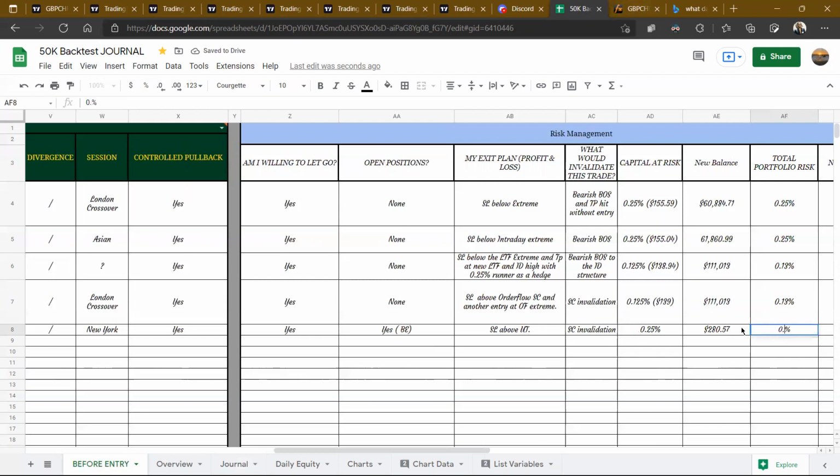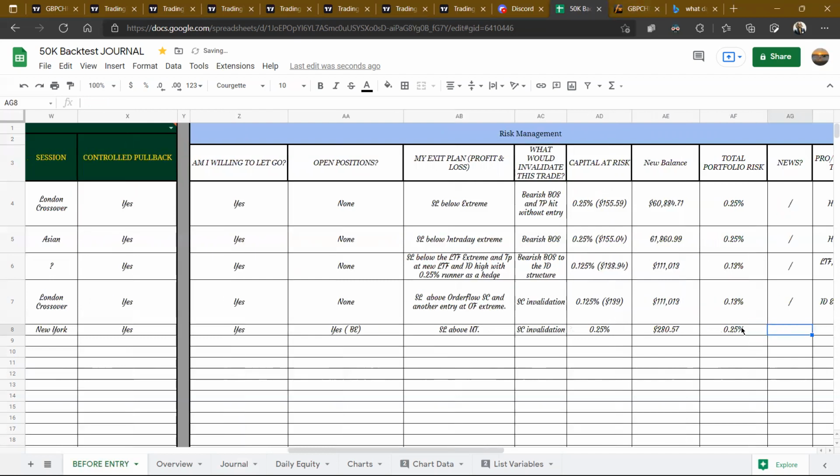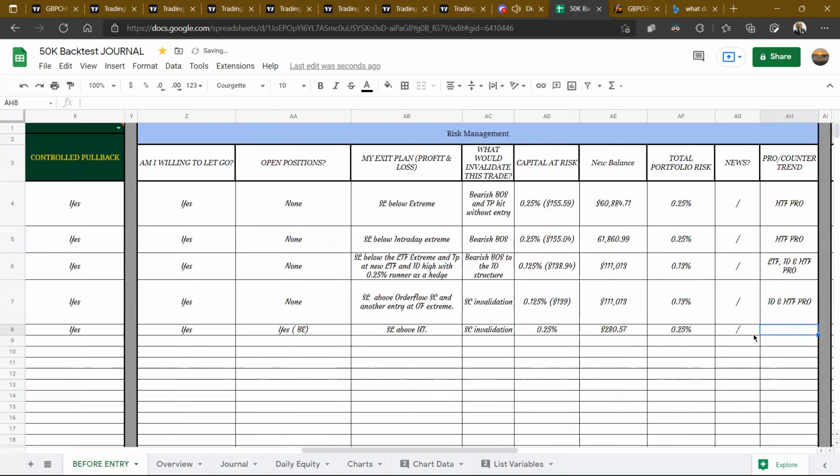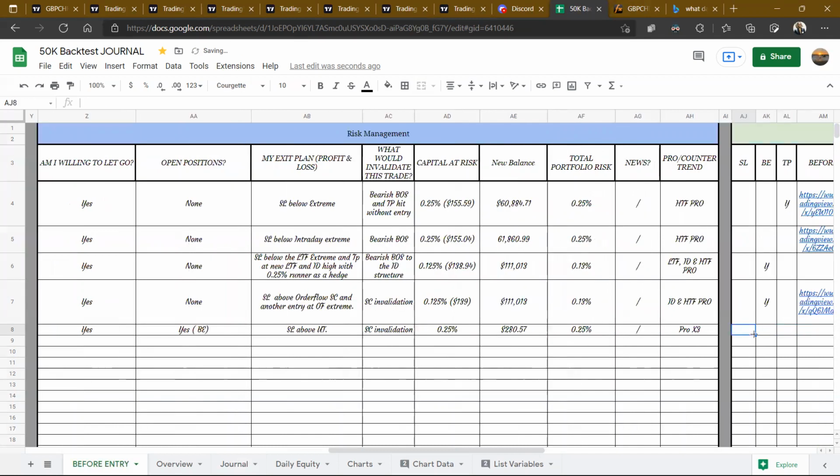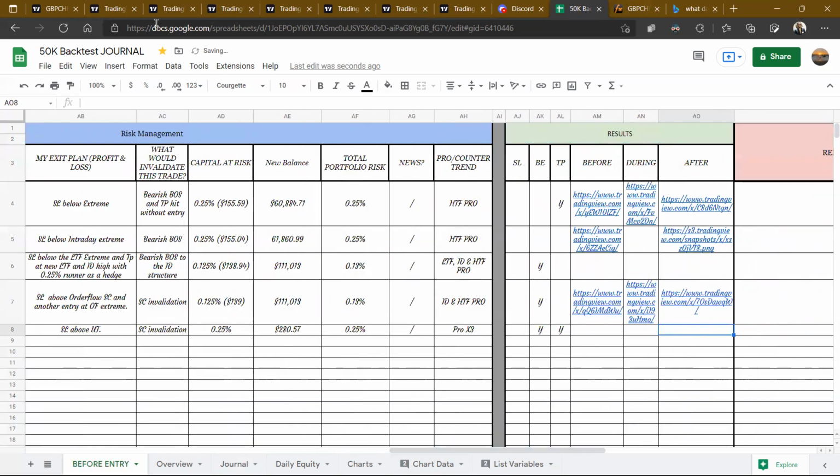For your risk, and the other one is 25% news. Okay, cool.